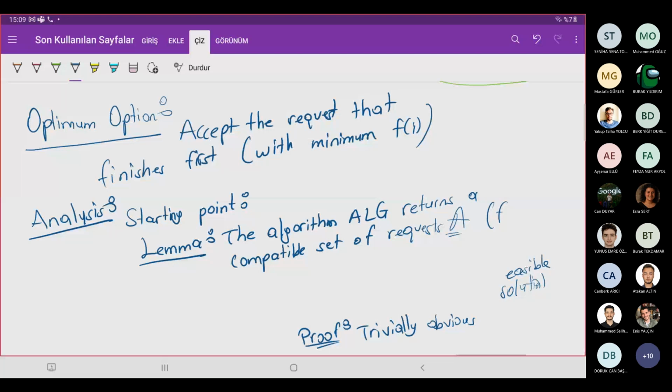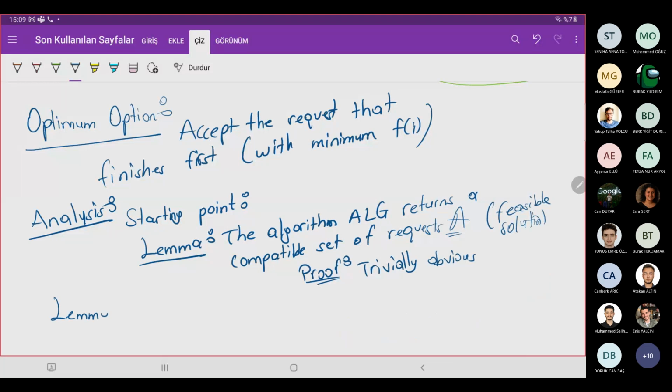So the lemma is now that it gives an optimum solution. Obviously, it gives a feasible solution. So ALG returns an optimal solution.